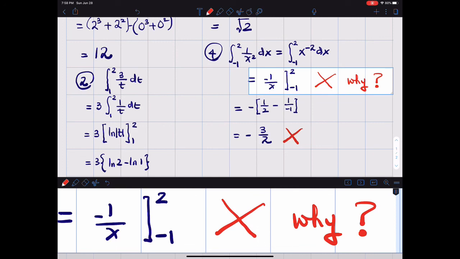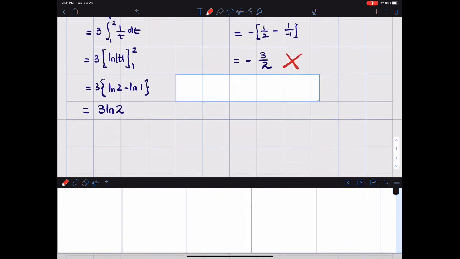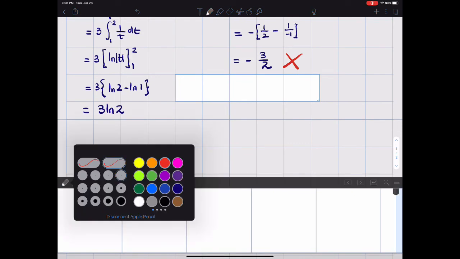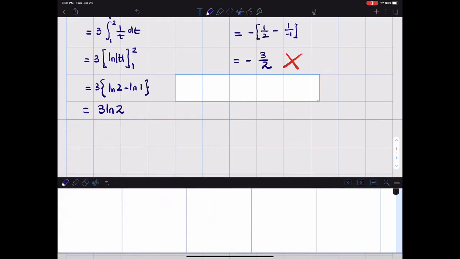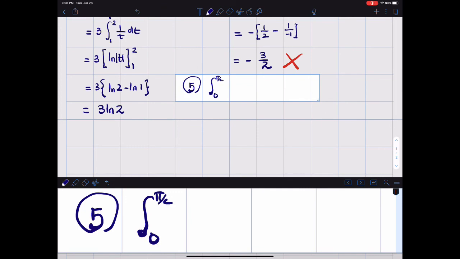Now I want to try a fifth one, number 5. How about the integral from 0 to pi over 4 of secant squared theta plus 1 d theta?